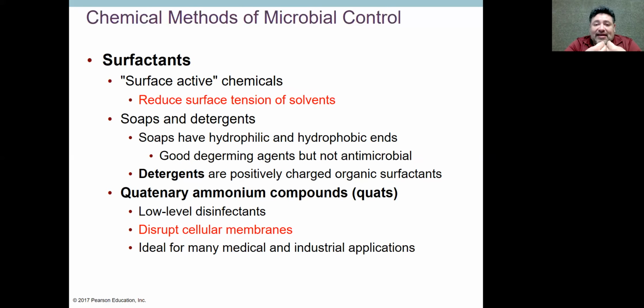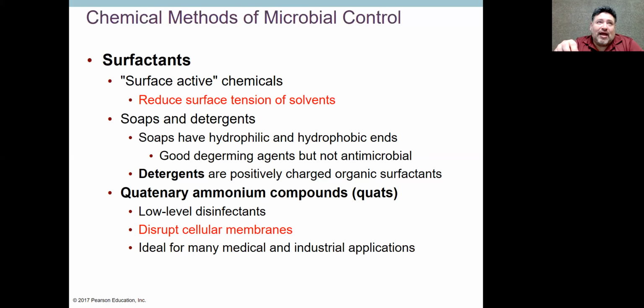And a surfactant is a wetting agent. It is something that emulsifies lipids. Does it get rid of fats? Does it get rid of membranes? Yes, but it does not kill anything. A surfactant is an emulsifier and a wetting agent, okay?